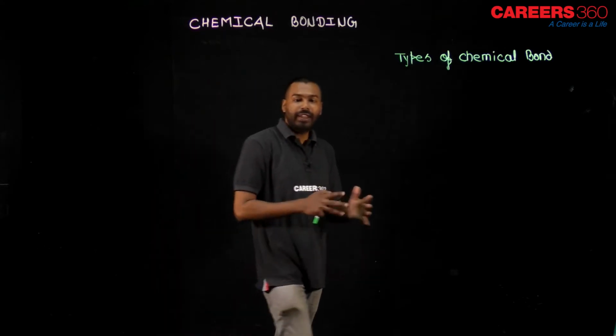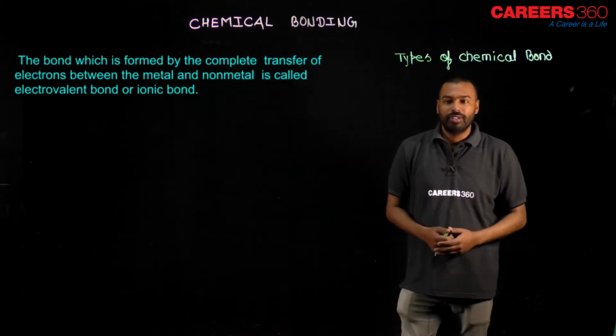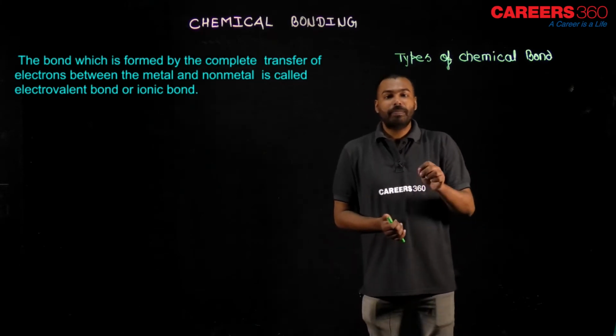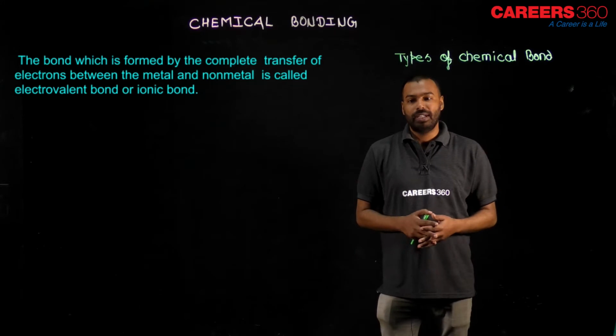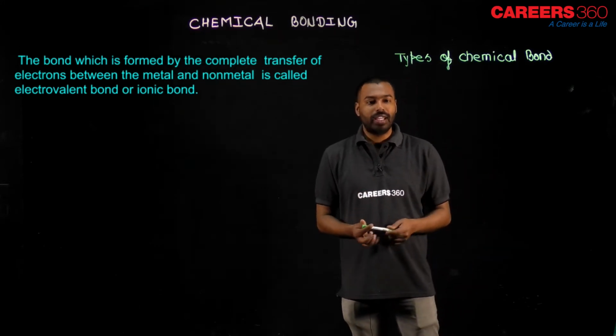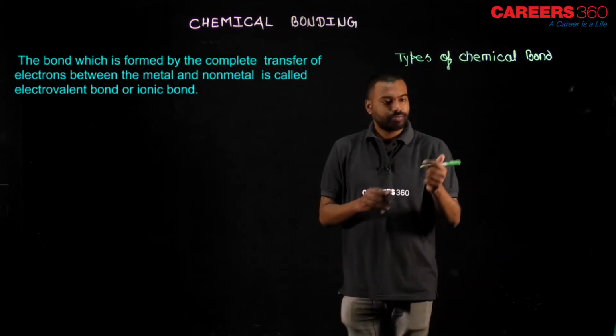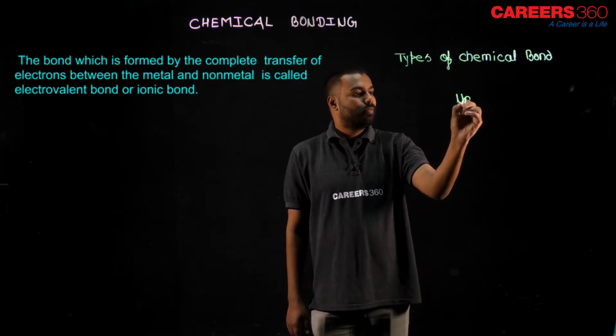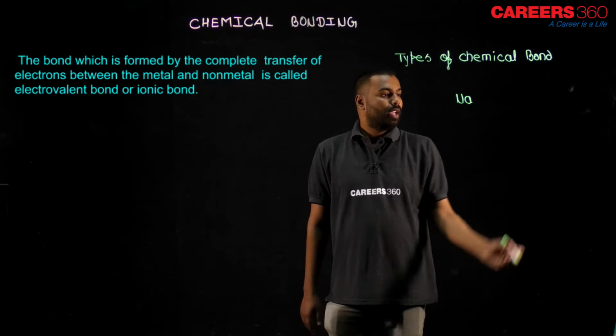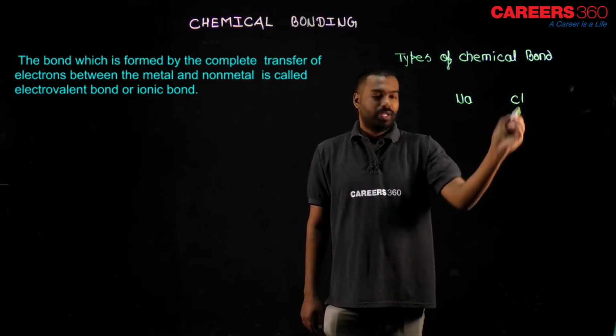Let us see the definition of ionic bond. The bond which is formed by the complete transfer of electrons between a metal and a non-metal is called electrovalent bond or ionic bond. See how. Suppose I am taking a metal like sodium and a non-metal, chlorine.